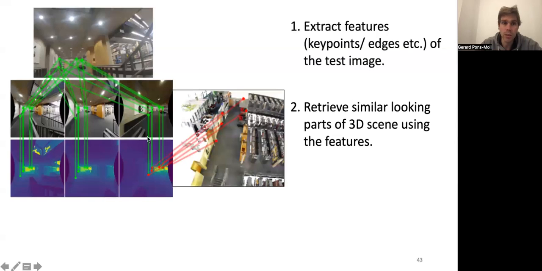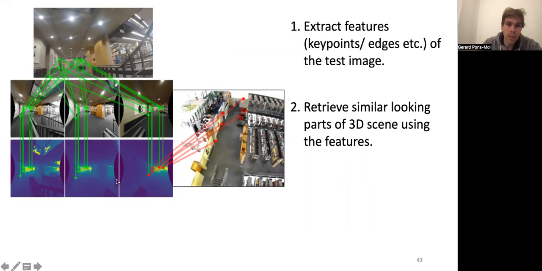You extract features from these views that were used to reconstruct the 3D scene, and then do feature matching to find which camera viewpoints in the 3D scan have the most similar features to the ones in the query image. So you have to retrieve similar-looking parts of the 3D scene using the features.